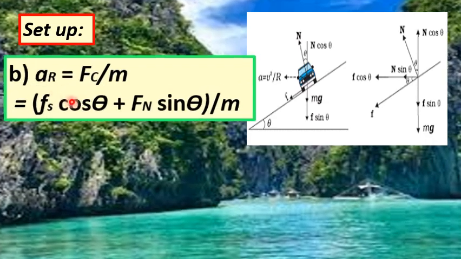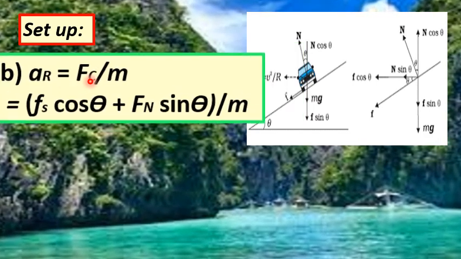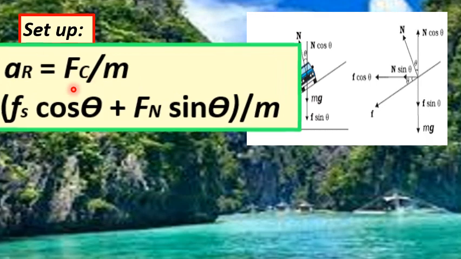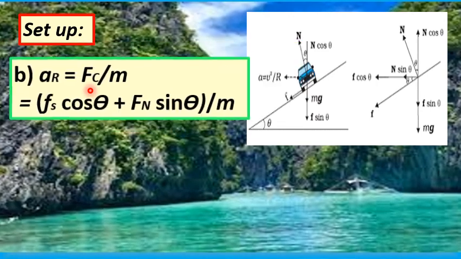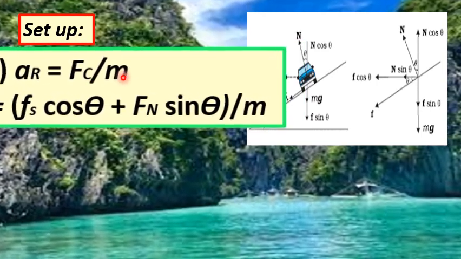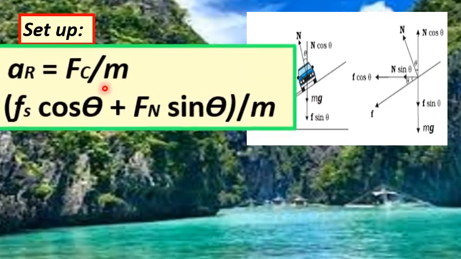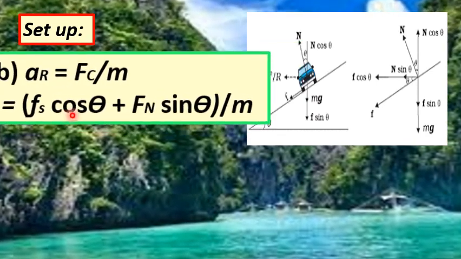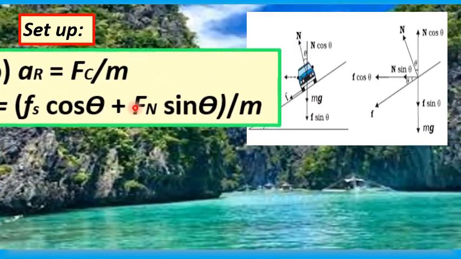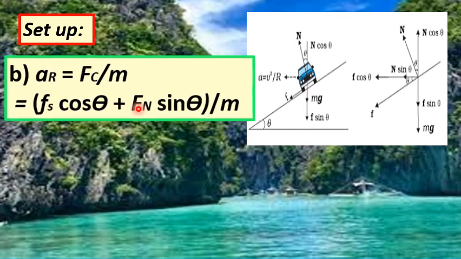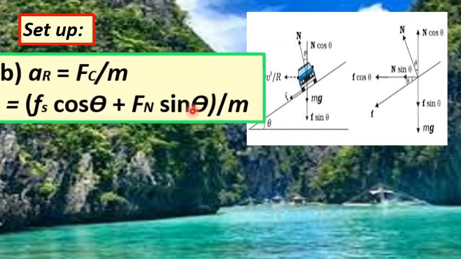For question letter B, in computing the radial acceleration a sub r, we just apply Newton's second law of motion, where the radial acceleration ar is just equal to the centripetal force, Fc, divided by the mass of the car, where the centripetal force Fc is also the sum of the static friction F cosine theta plus the normal force multiplied by sine of the angle theta all over the mass m.